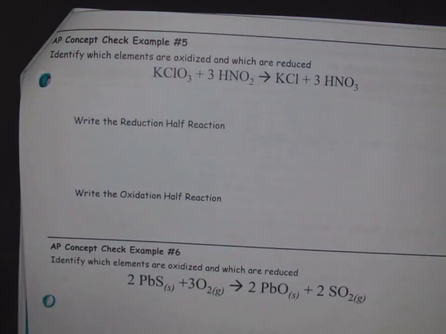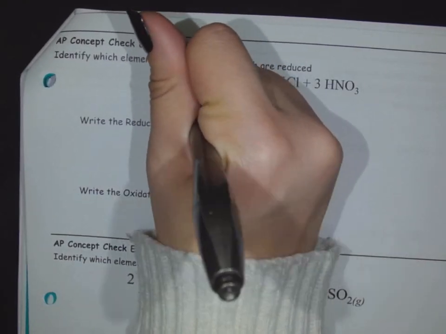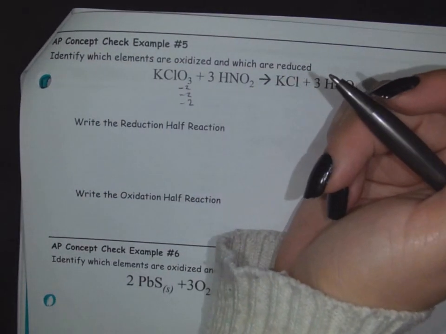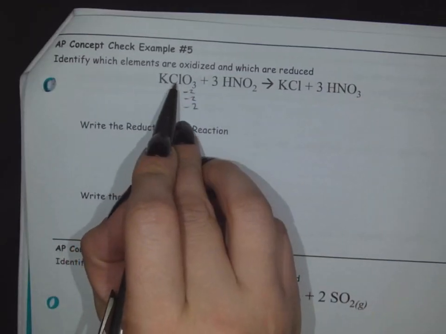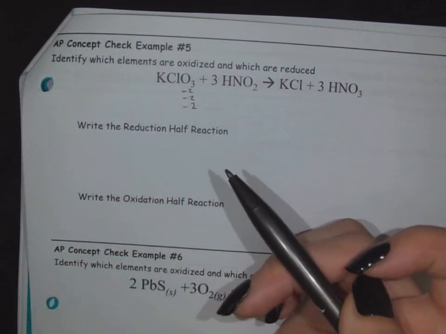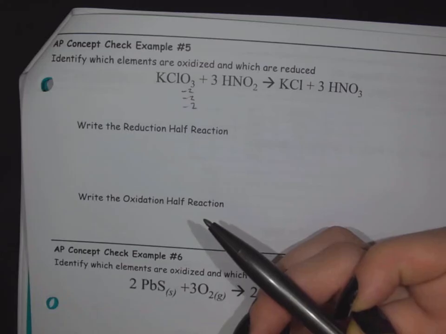I'm going to assign a -2 to each of those oxygens. Then after that, I can think of these other ones as their ions. The whole thing, though, has to equal 0.